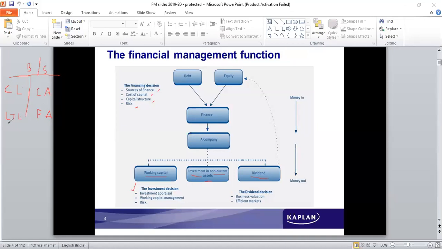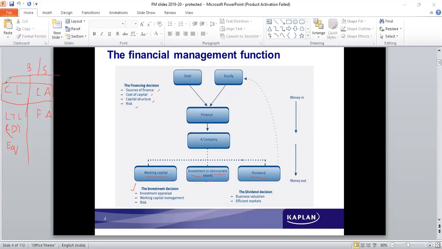Another name for long-term liabilities is debt capital, what we have learned just now. That is debt capital plus equity capital. These two are for a long period of time. When we group these assets and liabilities, one part of grouping is we find out the amount of working capital by grouping current assets and current liabilities.